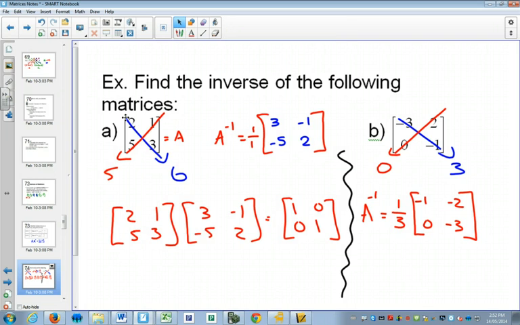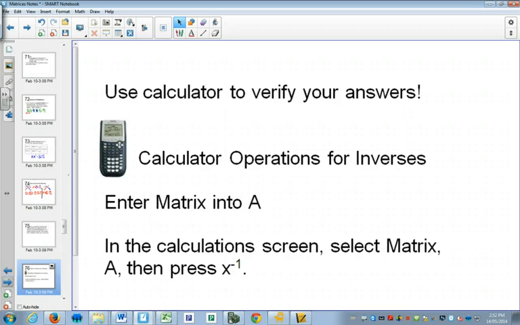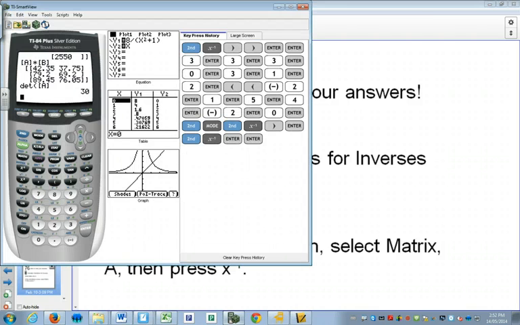All right. So let's see, how do we find inverses on our calculator? Well, you go to your calculator, you take a matrix. Do I have any square matrices in here? Yeah, you had a 2 by 2.